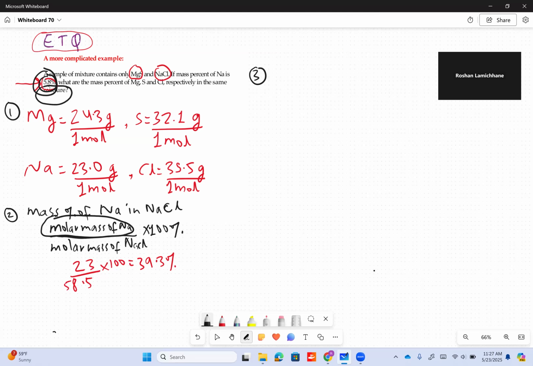And then I'm going to use this 39.3%, which is the mass percent of Na in NaCl, to figure out the mass percent of NaCl in the mixture. Mass percent of NaCl in the mixture. That's what I'm trying to figure out.